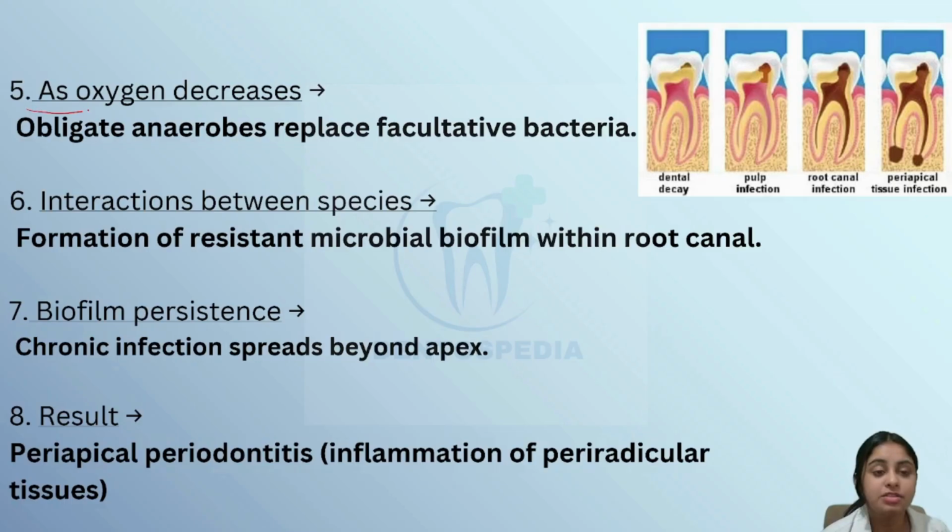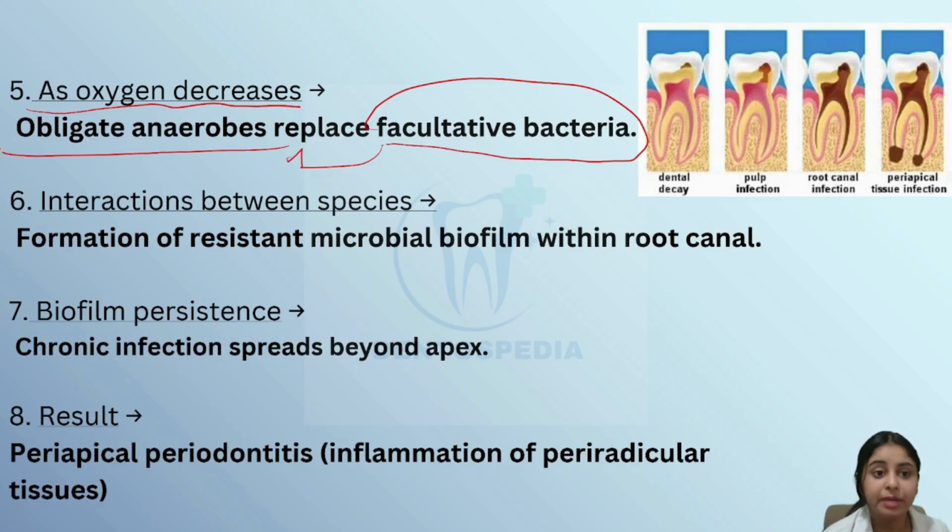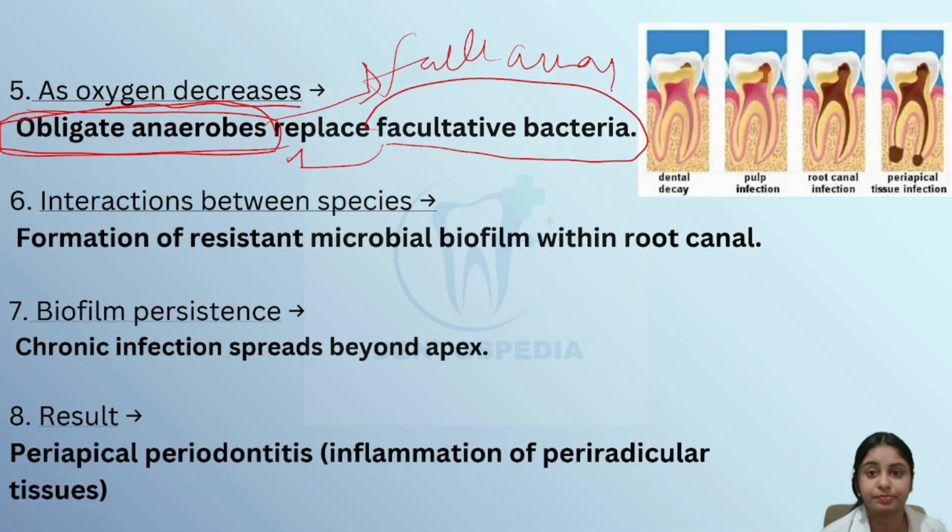And lastly, as the oxygen decreases, these facultative bacteria are further replaced by obligate anaerobes. These obligate anaerobes cannot live in the presence of oxygen. They require fully anaerobic conditions.